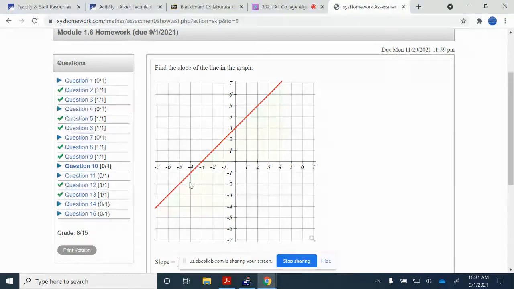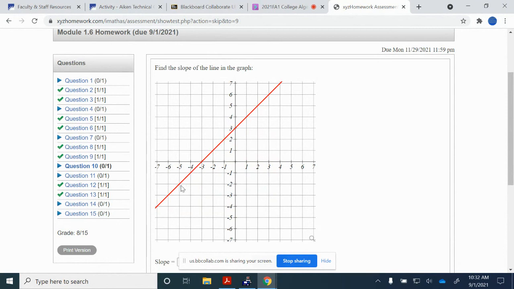I'm going to sketch out my imaginary right triangle. Based upon what we know about the classification of slopes, as we read this line from left to right, it increases. So I know that my slope should be a positive number. I'm going to draw my imaginary right triangle here. I'm going to start here and count the distance between the point on my line and this imaginary vertex.